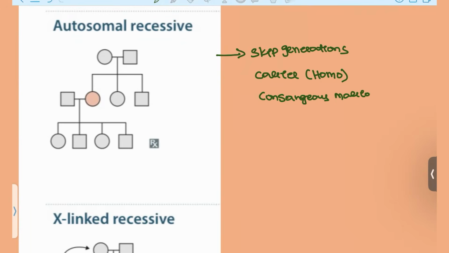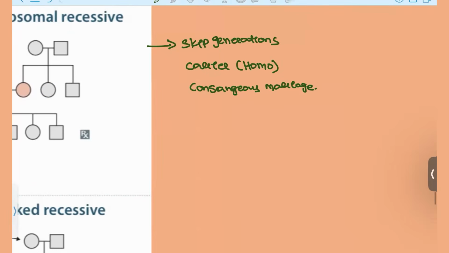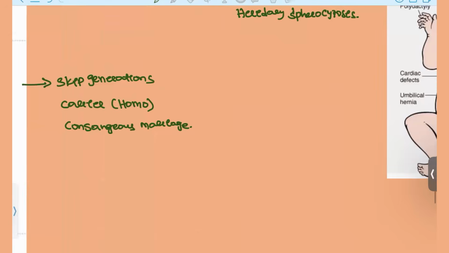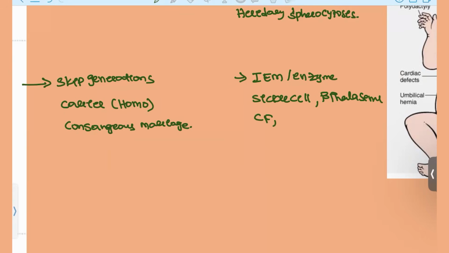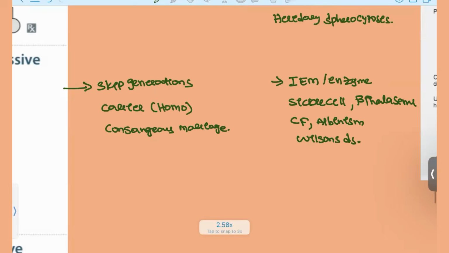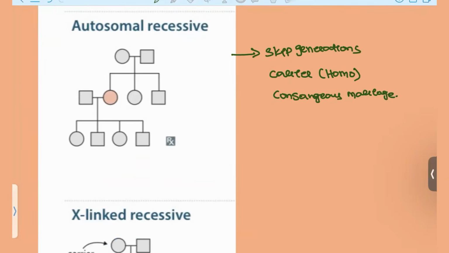Remember, almost all are associated with inborn errors of metabolism, and all enzyme deficiencies are autosomal recessive. Other examples are sickle cell anemia, beta thalassemia, cystic fibrosis, and albinism. Again, these are all inborn errors. Next, Wilson's disease. These are the conditions involved in autosomal recessive inheritance.